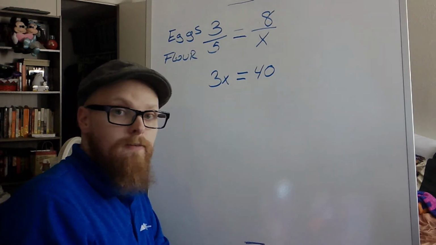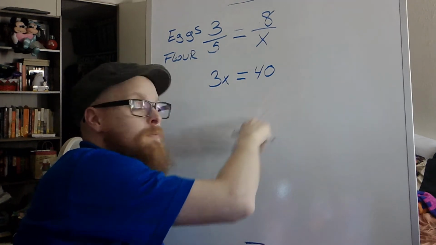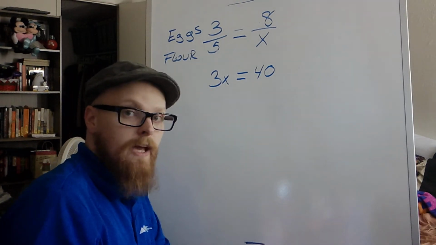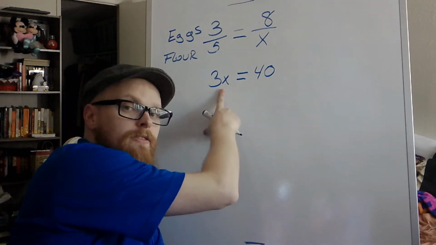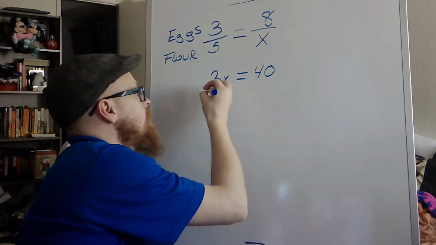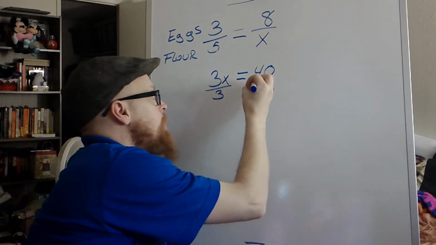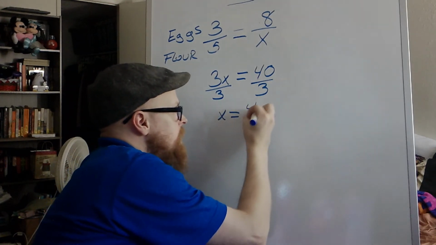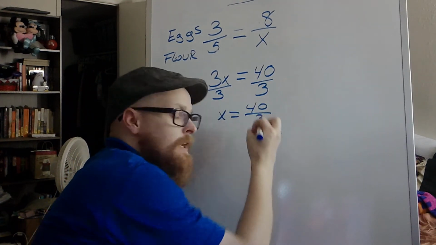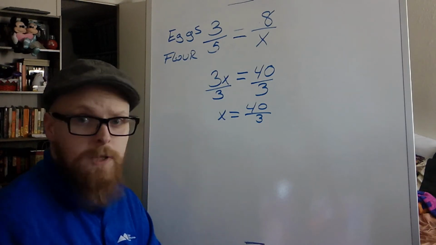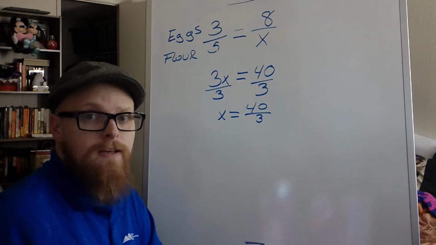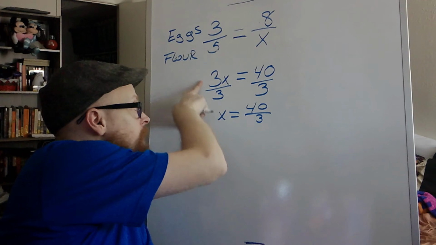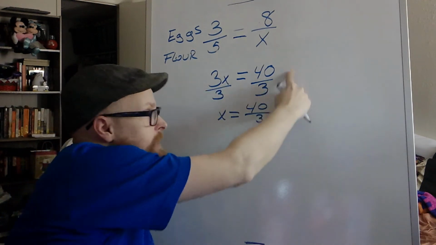Algebraically, if we do this, in order to move from one side to the other, we do the opposite, okay? This is 3 times x, so we're going to do the opposite of multiplication, and divide by 3, and we have to do it on both sides. Now you notice I end up with 40 over 3 again. Same number I ended up with before, okay? Being able to do this portion here is something you will run into in algebra.